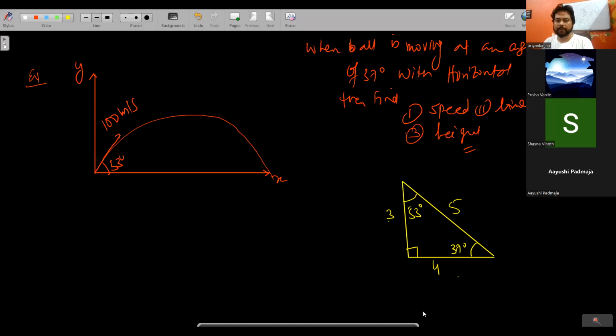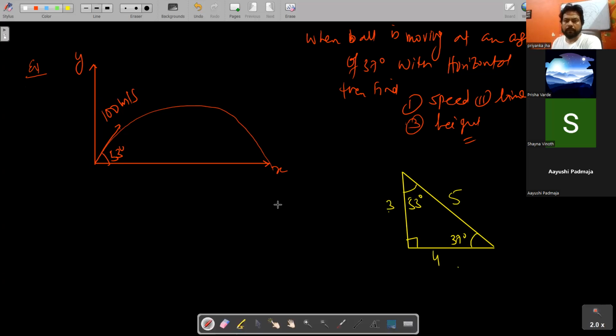No. See, let me explain to you. When the ball is moving at an angle of 37 degree with horizontal, suppose at some point this ball is moving at some angle, and this angle with horizontal is 37 degree. Suppose the speed is v.